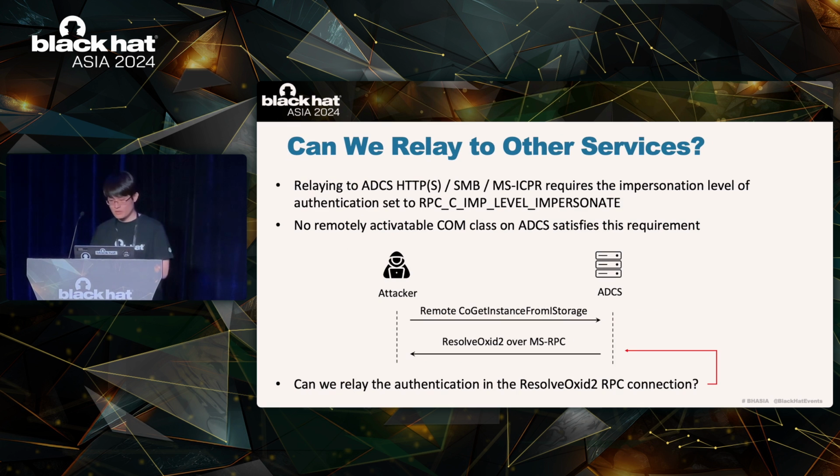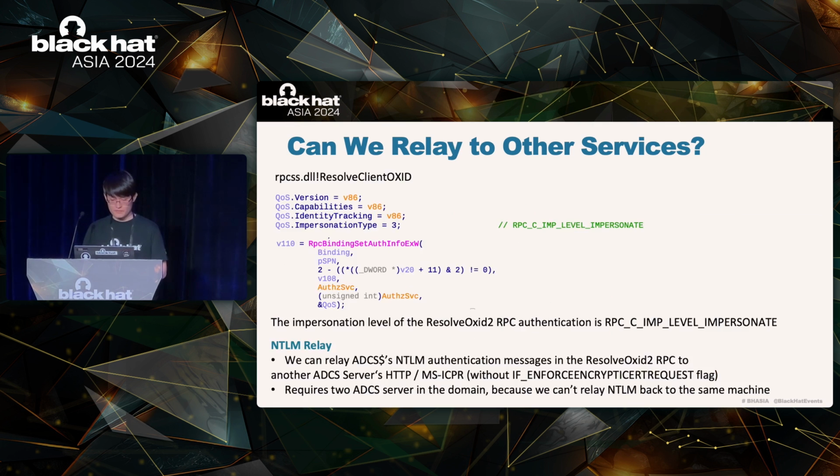We just talked about relay to LDAP. How about other services? We didn't find a COM class that supports DCOM authentication with impersonation level set to impersonate. So we can't relay DCOM to other services. But how about the ResolveOxid2 RPC? There are also authentication messages in this RPC connection.